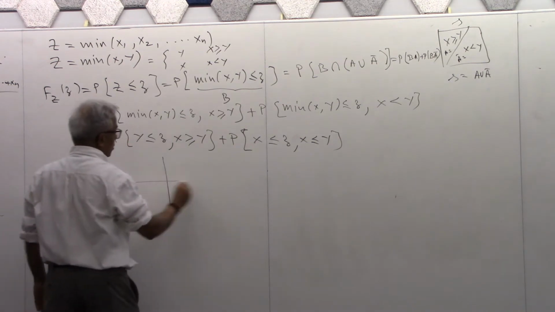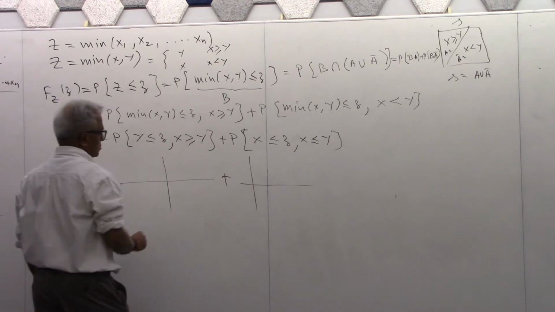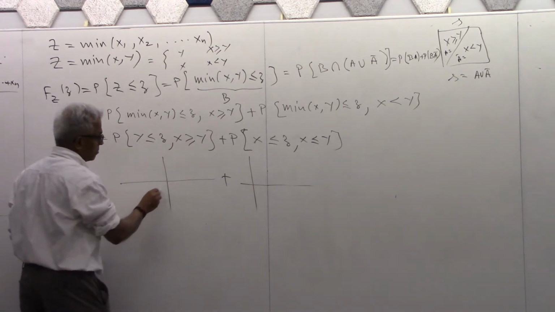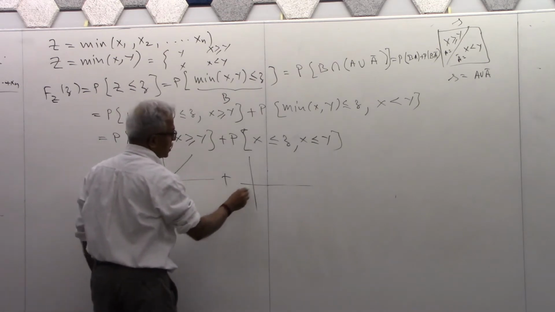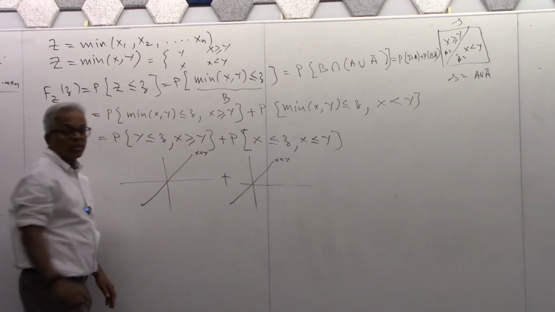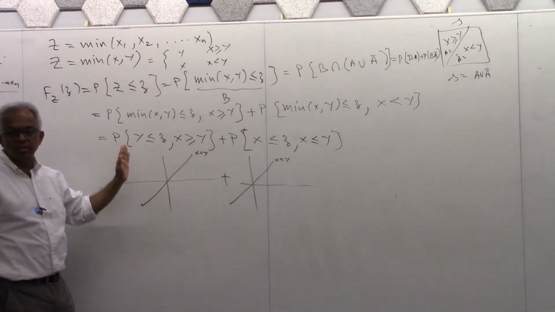So let's draw a region where these regions are. So where is this region, x greater than y? Anybody? So this is x equal to y. Where is x greater than y? To the right. And where is this region, y less than z?